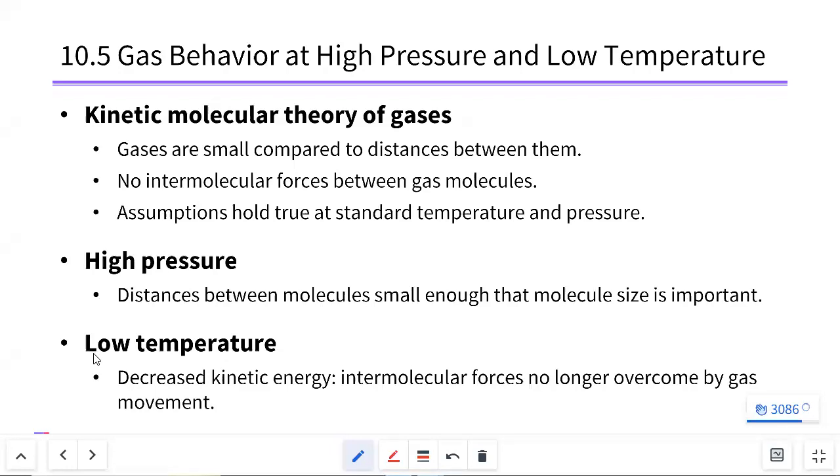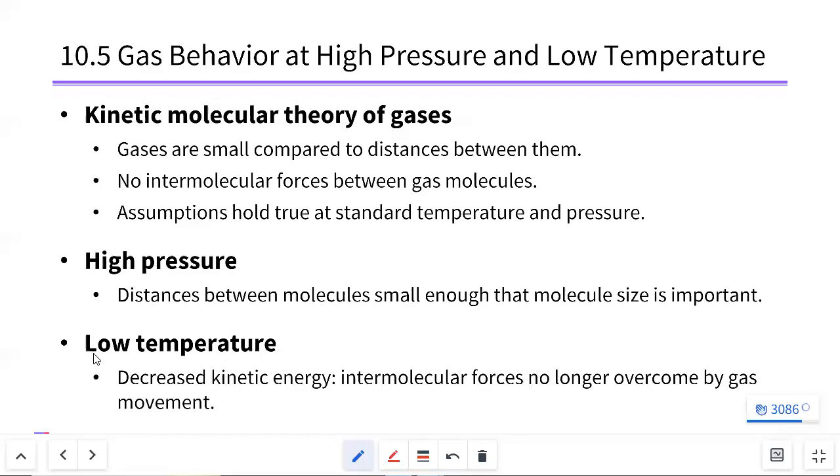But what if we slow that process down? If they start moving a lot slower, they are going to have the ability to interact with each other and draw themselves to each other. Intermolecular forces are now something we have to consider at low temperatures.